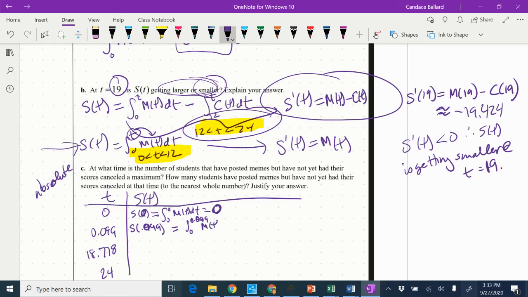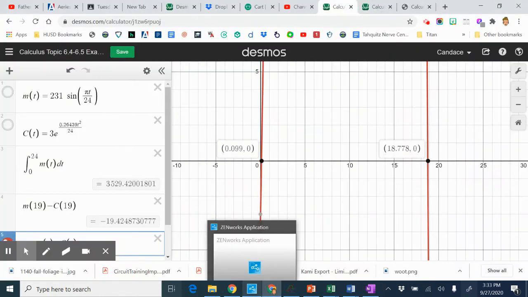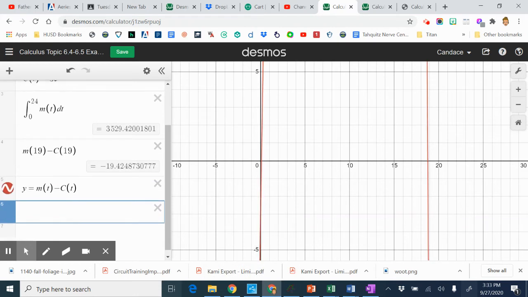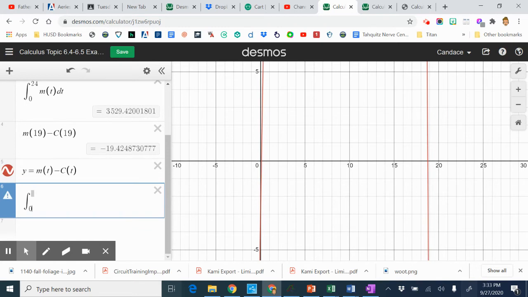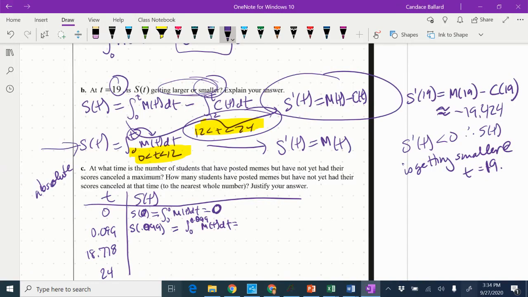All right, so I'm going to go back to my graph and do that. I want to integrate from 0 to 0.99 of m of t dt, and I got 0.148.